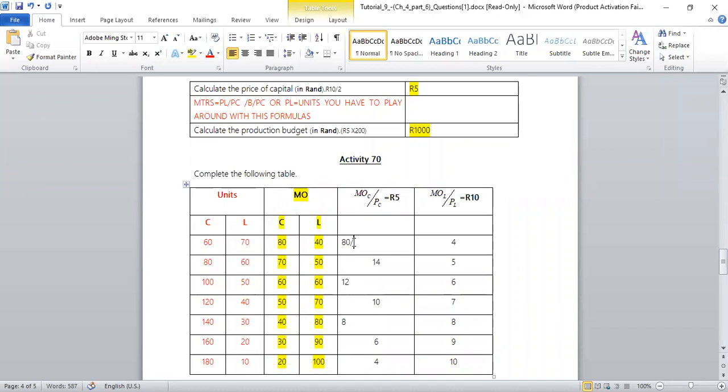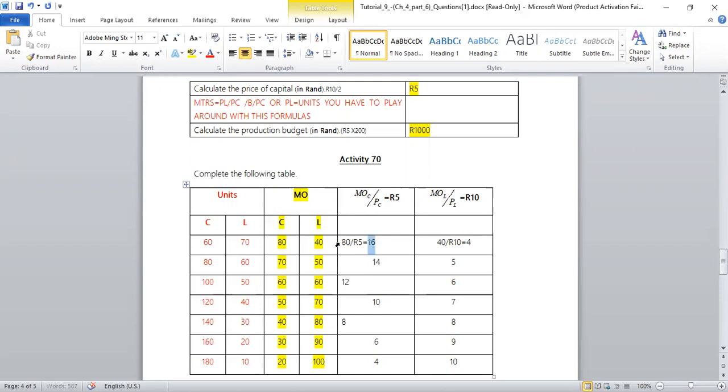The price is 5 Rand. This gives you 16. When it comes to this one, marginal output is 40 divided by the price. The price of labor is 10 Rand. So it gives you 4.